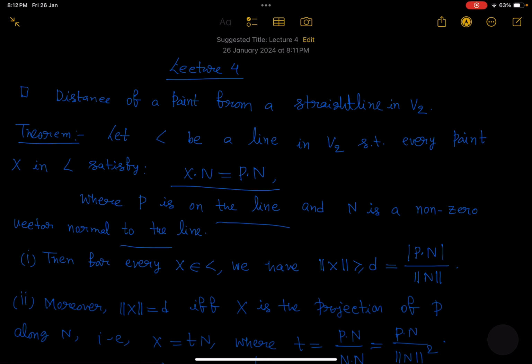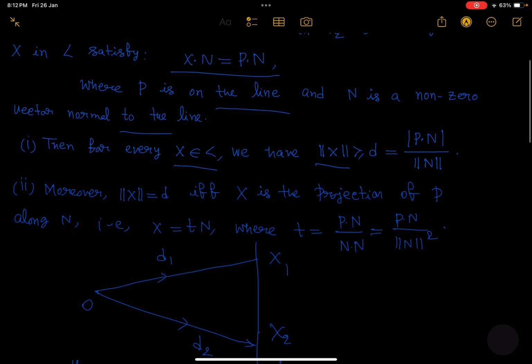Then the theorem says that for any point X in L, the norm of X is always bigger than or equal to some constant, and that constant is this number. Not only that, this equality holds if and only if this point is the projection of P along the normal vector, that is x equals tn where t equals this.